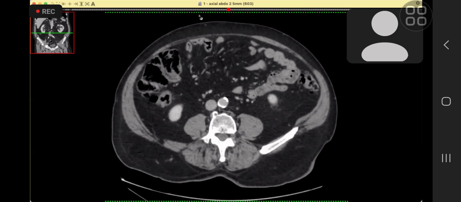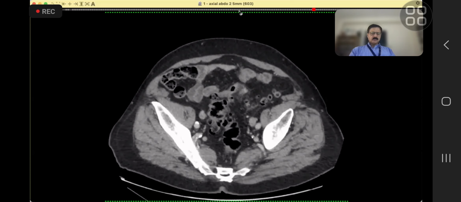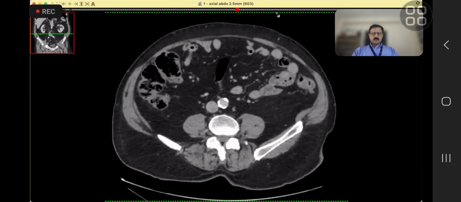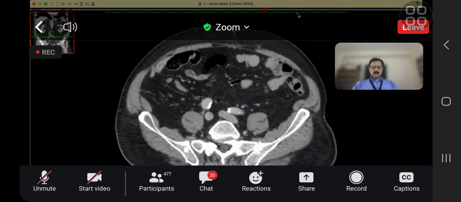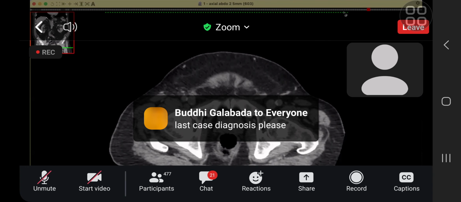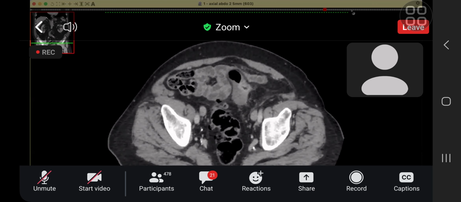On initial assessment, I haven't seen anything grossly abnormal in terms of key findings.